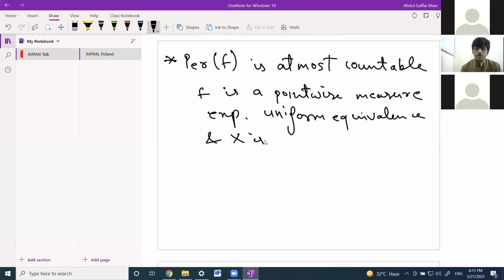So if the periodic point set is at most countable, using the above result we can also establish that the periodic points are at most countable provided f is a pointwise measure expansive map, which is a uniform equivalence, and X is compact. In fact, this will be true for complete separable metric spaces.